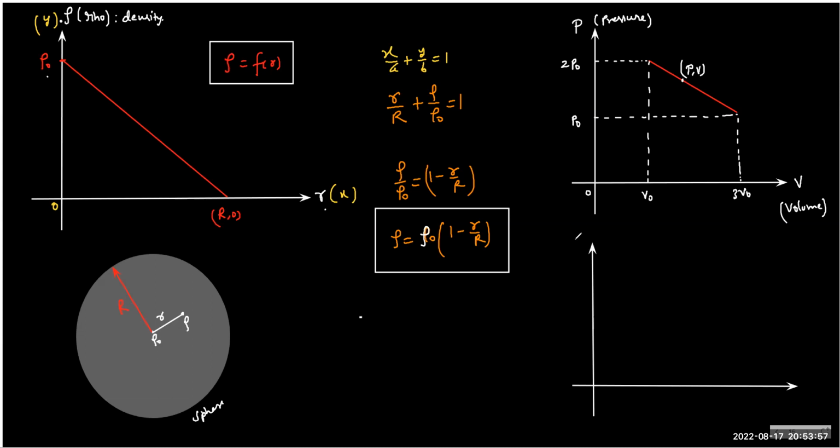Imagine we have a relationship between a symbol I and T. The I is called, let's say, current, and T is called time.